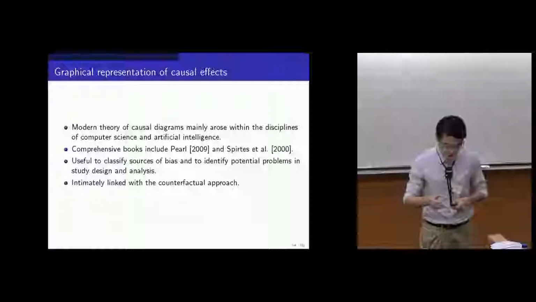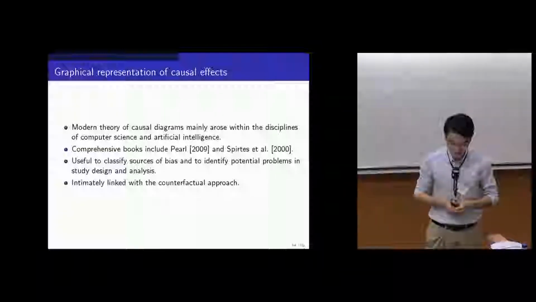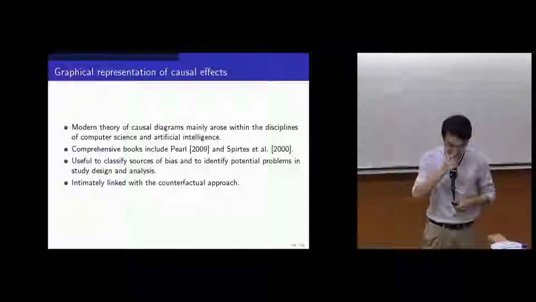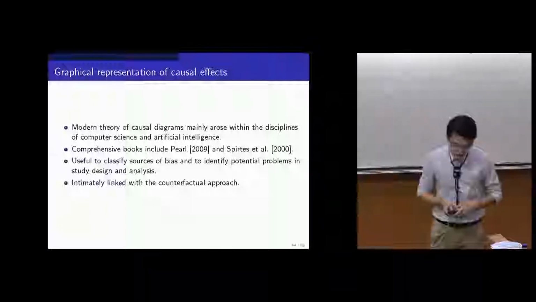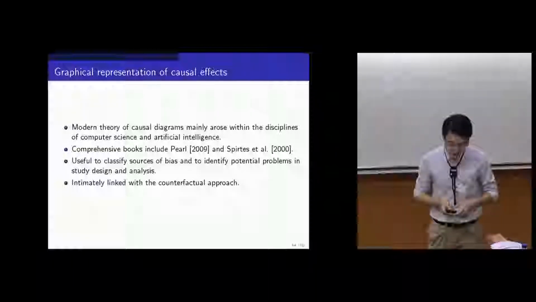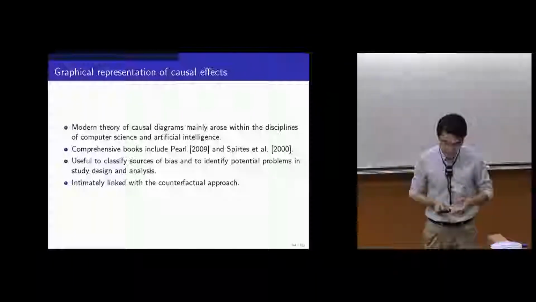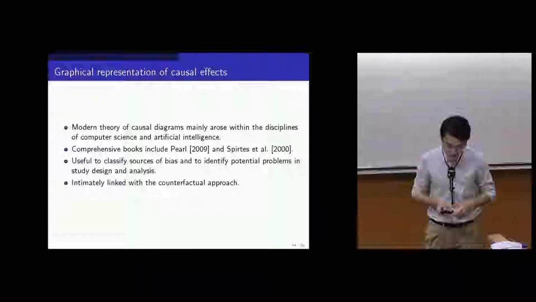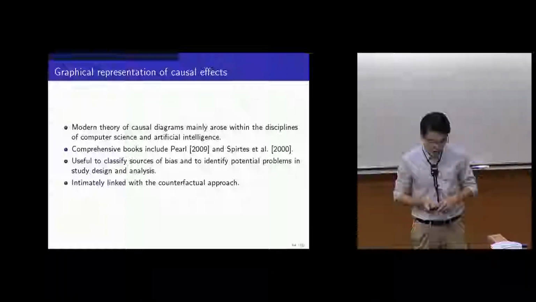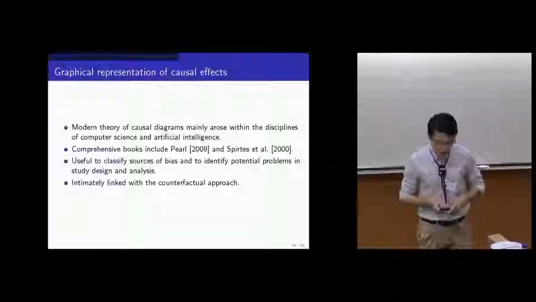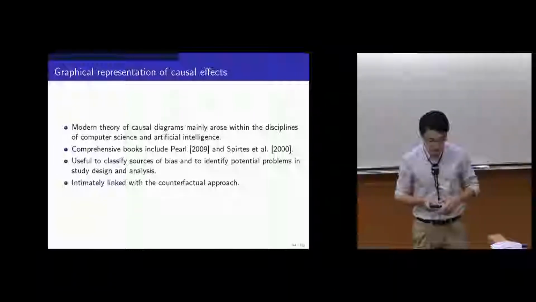These are some of the comprehensive books that you may want to read for, of course, a more in-depth discussion on this topic. So these causal diagrams are useful to classify sources of bias and to identify potential problems in study design and analysis.